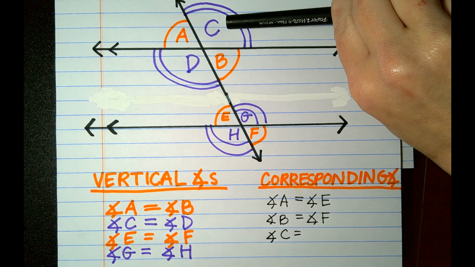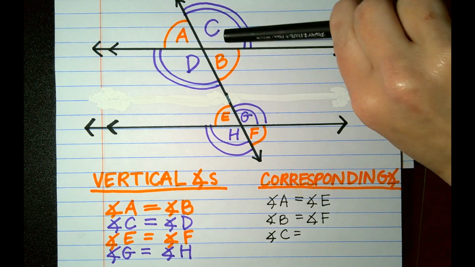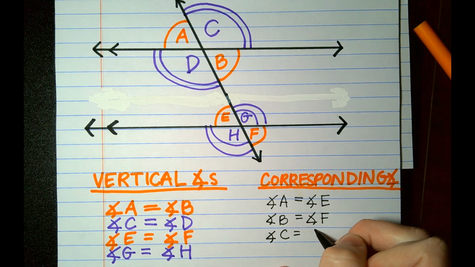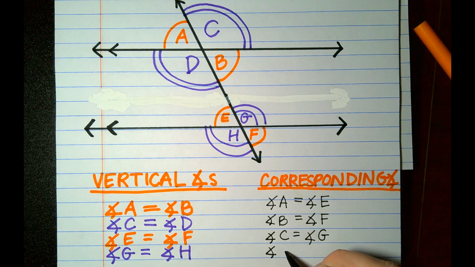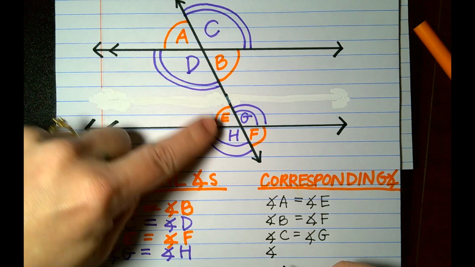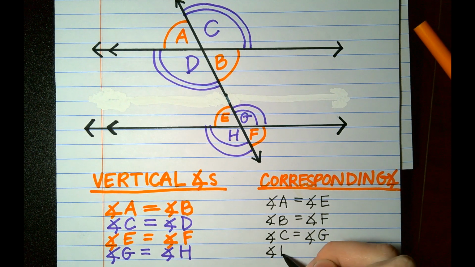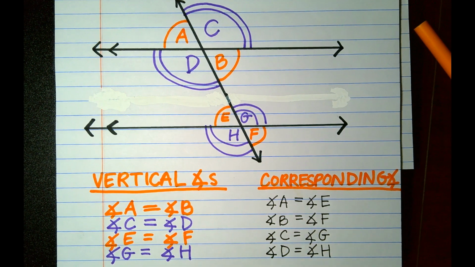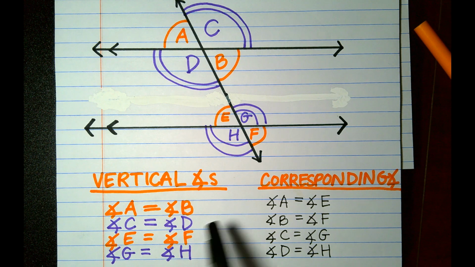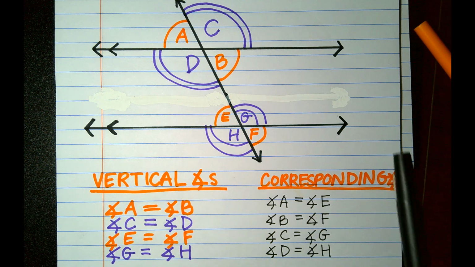G is the corresponding angle. And last but not least, H and D are corresponding. Good. Perfect. So we're learning about the vertical angles and the corresponding angles here.